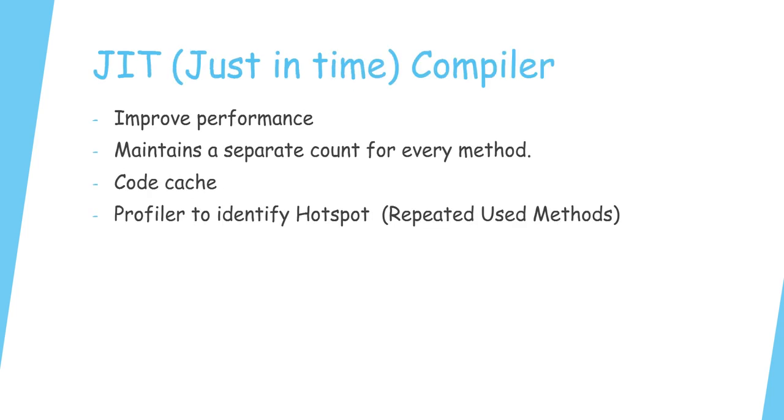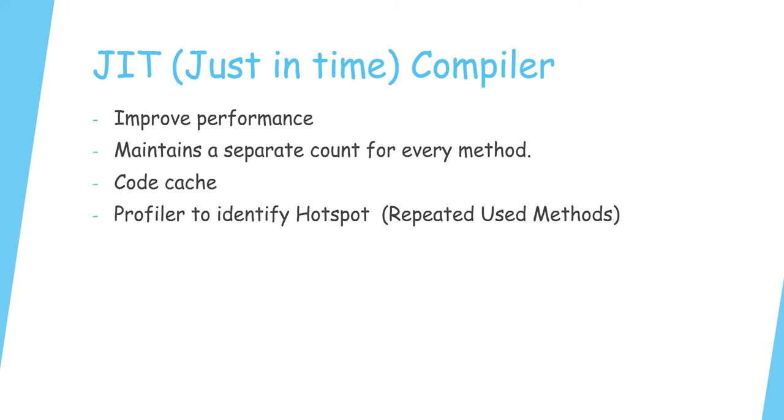Let's look at the JIT compiler. The main purpose of JIT compiler is to improve the performance. Internally, JIT compiler maintains a separate count for every method. Whenever JVM comes across any method call, first that method will be interpreted normally by interpreter and JIT compiler increments the corresponding count variable.